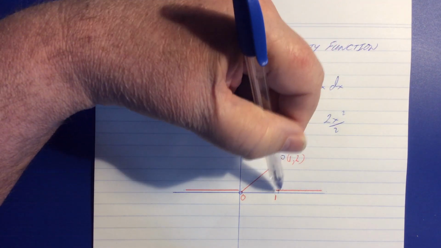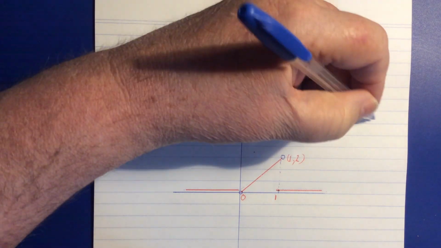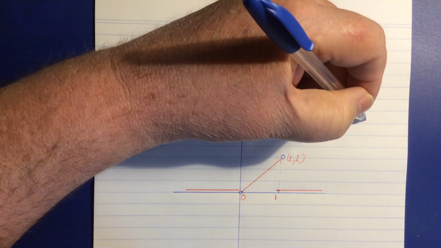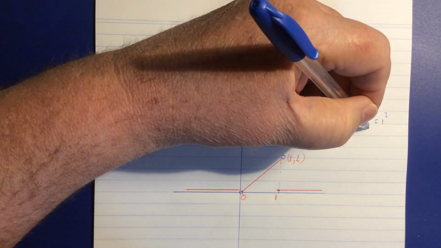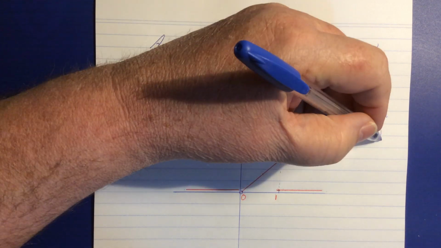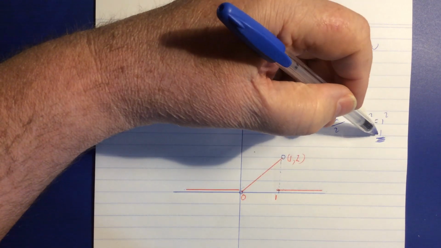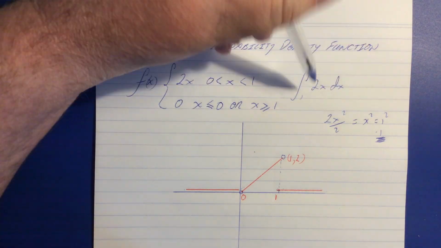And if we put 1 into this, the 2's cancel, so we get x squared, which means we get 1 squared, which gives us 1. If we put 0 into this, of course, we get 0. So effectively, all we have to do is insert the 1.